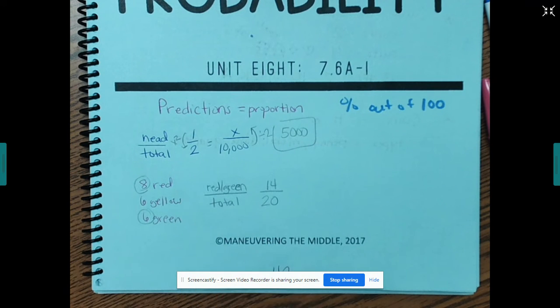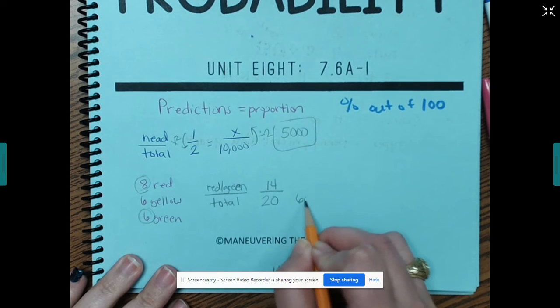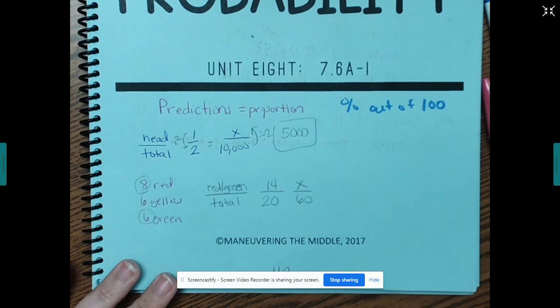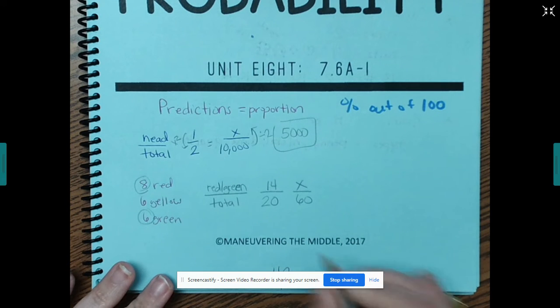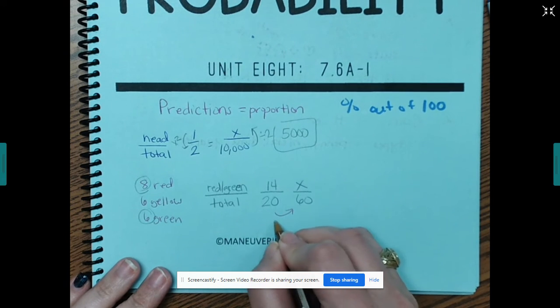Now let me read the question again. It says, what is the probability? Oh, it is a bead is drawn from the basket and put back 60 times. So 60 is the total. What's a reasonable prediction for green or red? So 60 is my total, and x goes on top. I see a nice easy shortcut, which makes my life nice.